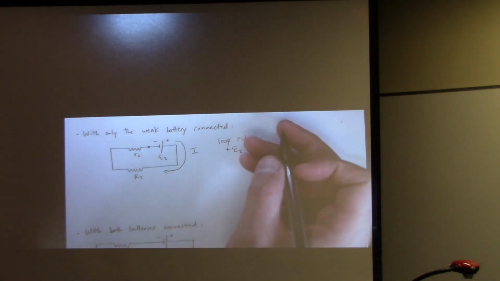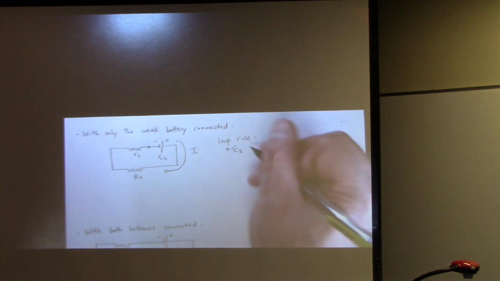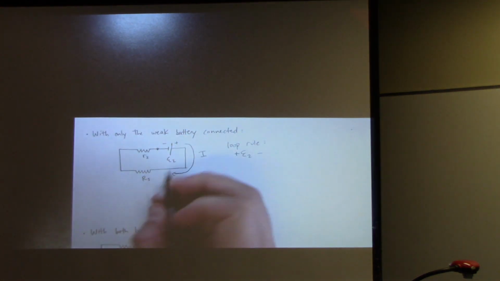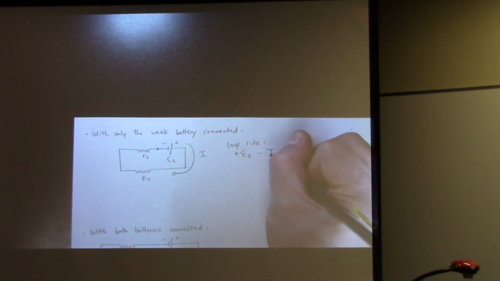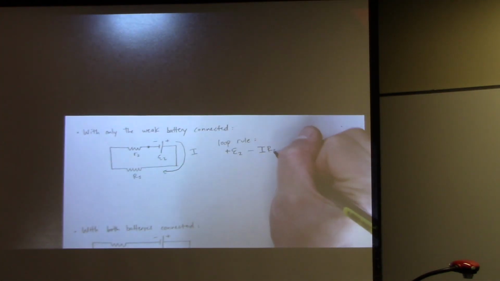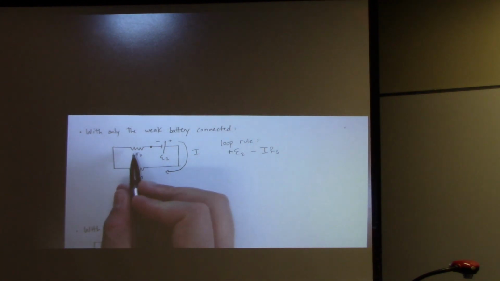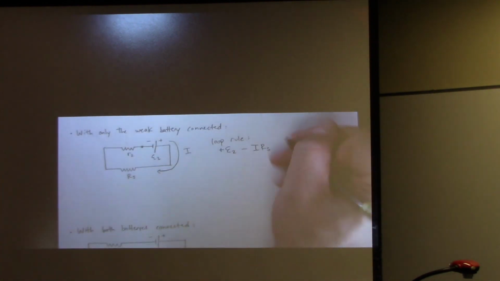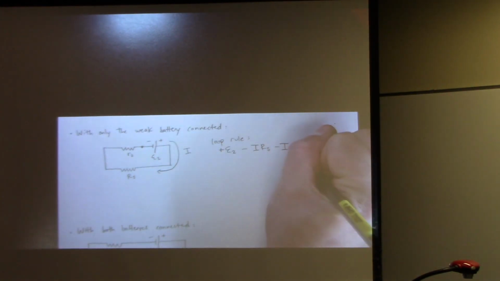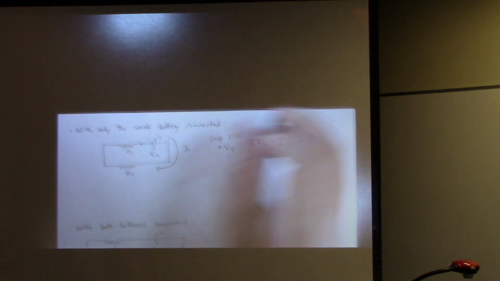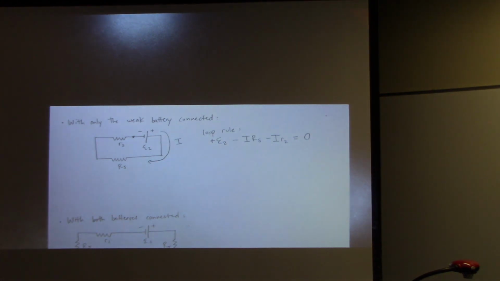The next thing I do is I go across the starter motor in the same direction that the current is flowing. So I have minus I times RS. And then the last thing that happens is I go across the internal resistance of the battery, which would be minus I times R2. So all I'm trying to do here is figure out what the current is.